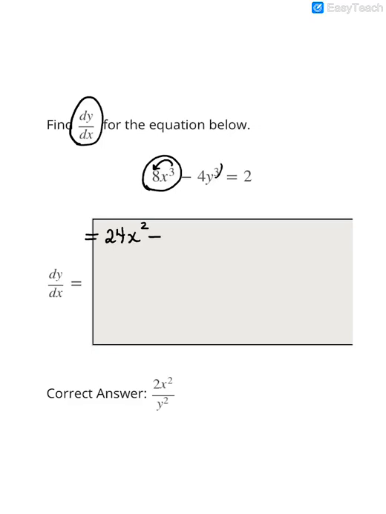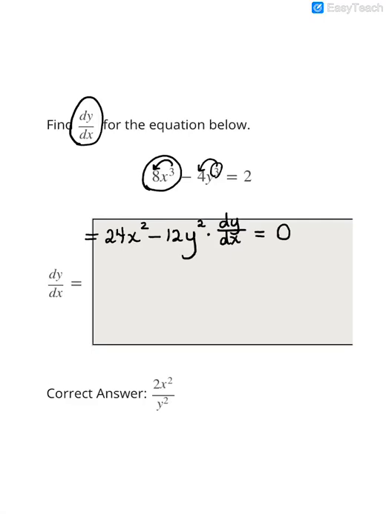We pull the 3 to the front times the 4, so that becomes a 12, and then decrease the power by 1, so that becomes y squared. But because we don't know what the value of y is in terms of x, we automatically multiply by what we call a dy/dx. And then equals the derivative of the 2, which is just 0.